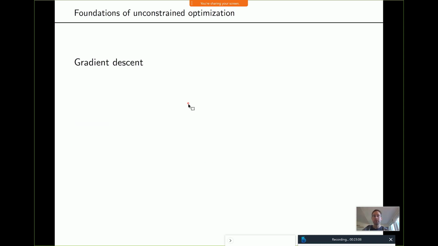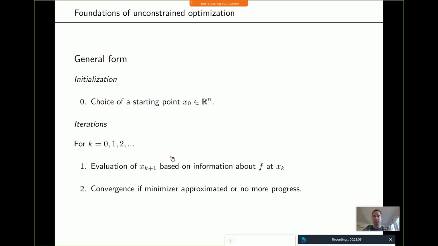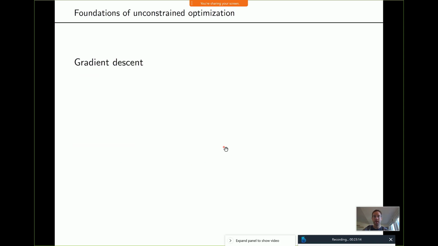The question is now, how do you actually compute this xk plus 1 based on xk? There are two basic forms of algorithms that we want to discuss, namely gradient descent and Newton descent.